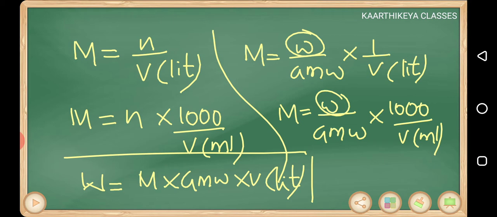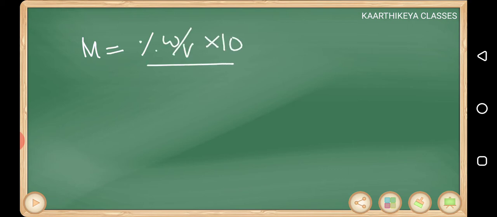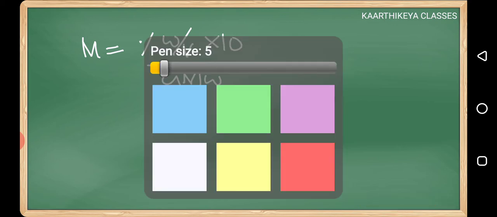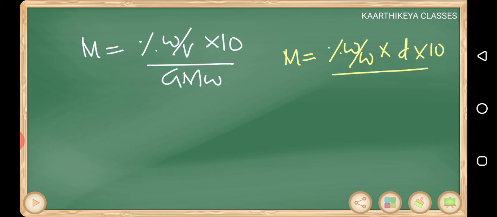One other important formula. The important lines are: molarity is equal to percentage weight by volume, if percentage weight by volume is given, into 10 by gram molecular weight. Molarity is equal to percentage weight by weight, when weight by weight is given, they will give you density also, into 10 by gram molecular weight.